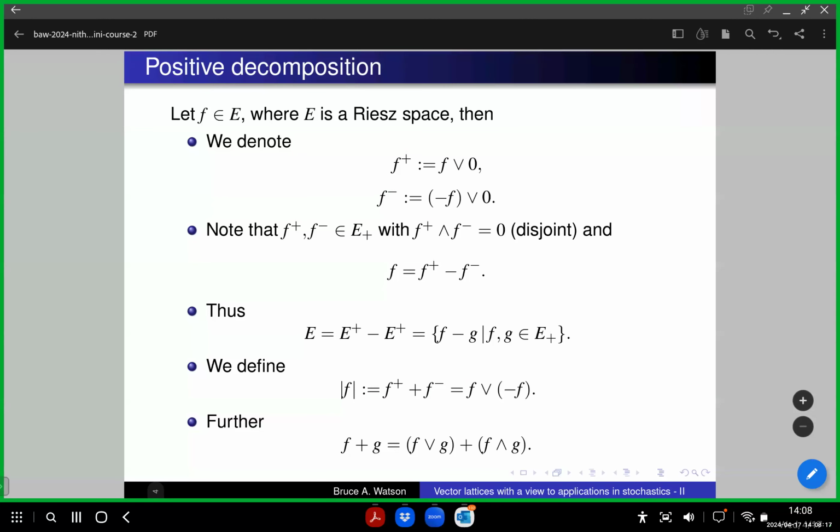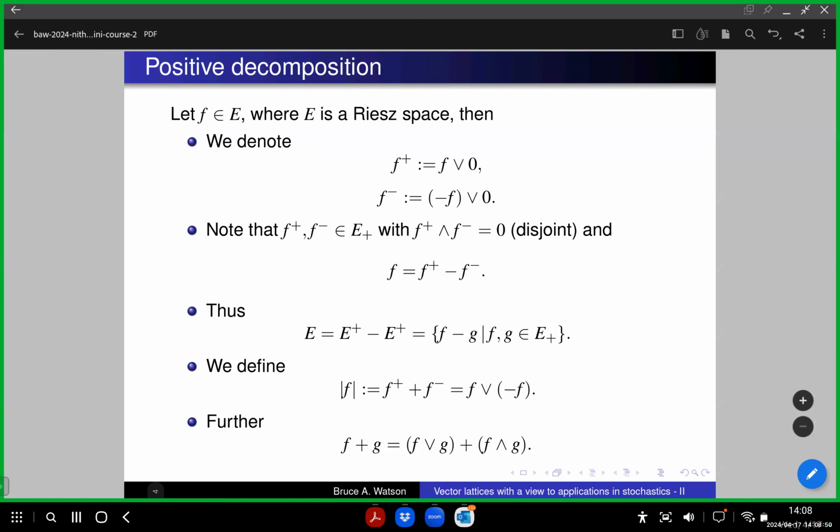And now we come to the fact that each element of a Riesz space can in fact be decomposed into two non-negative elements, two elements from the positive cone, by taking one part, which we call f plus, to be the supremum of f and 0, which is obviously above 0, and f minus, which is the supremum of minus f and 0, which again is above 0.